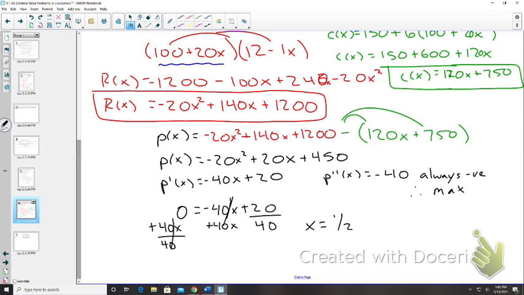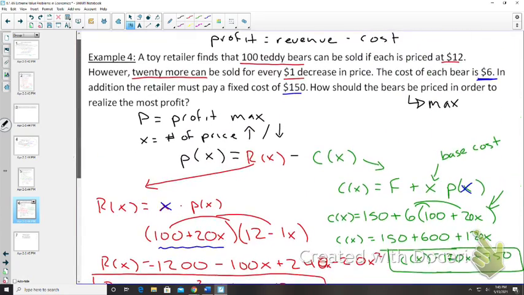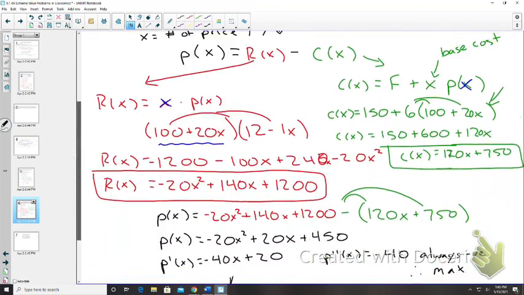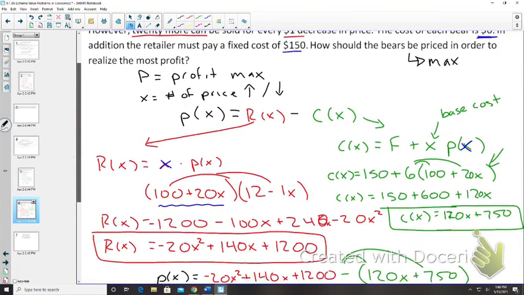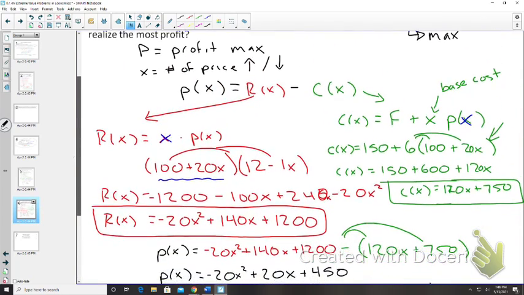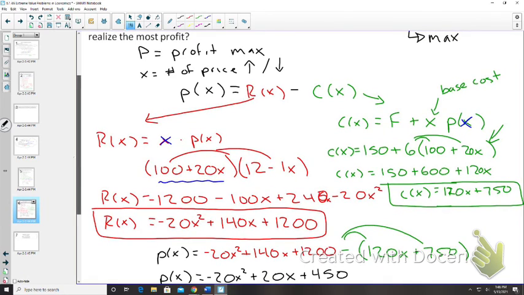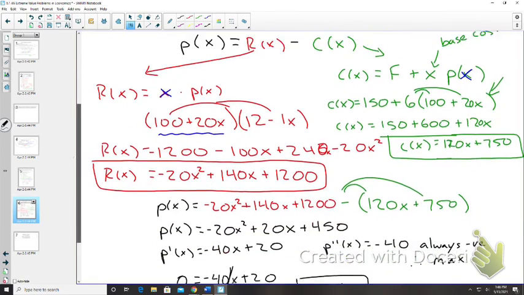So what? Remember, we let x equal the number of price increases or decreases. So they're saying that they want half a decrease. Okay? So we found our x, but we still need to answer the question, right? How should the bears be priced in order to realize the most profit? So let's jump back to the top and remember the price for each bear was represented by the expression 12 minus 1x.